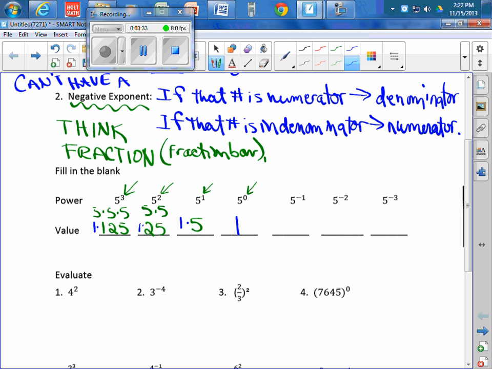Now, here's what we mean by the negative exponents. This is 5 to the negative 1. This is already in fraction form. We just don't write the over 1, right? Whenever you see a negative exponent, think fraction.